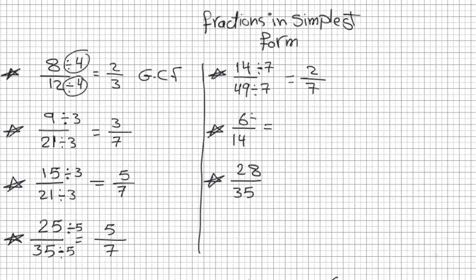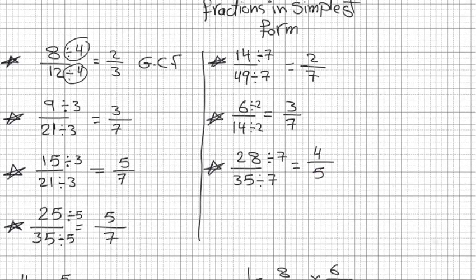We can divide by 2, and here also divide by 2. 6 divided by 2, 3. 14 divided by 2, 7. 28 over 35. We can divide both by 7. 28 divided by 7, 4. 35 divided by 7, it's 5.